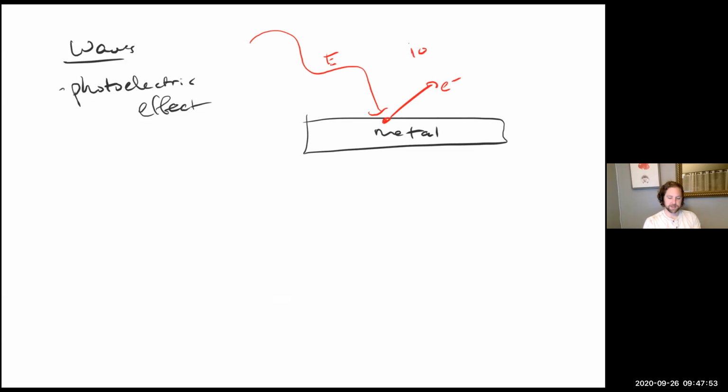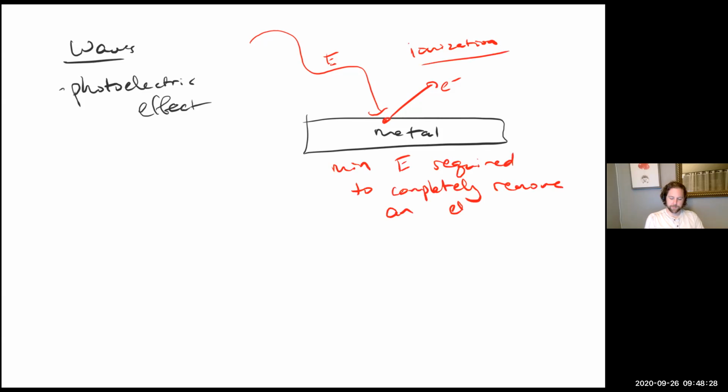That has to get into ionization, by the way. There's another way to talk about ionization of electrons for metals. It's essentially the same thing. The photoelectric effect is what's the minimum amount of energy to get an electron to leave a metal, which is essentially a description of ionization. And then minimum energy required to completely remove an electron.